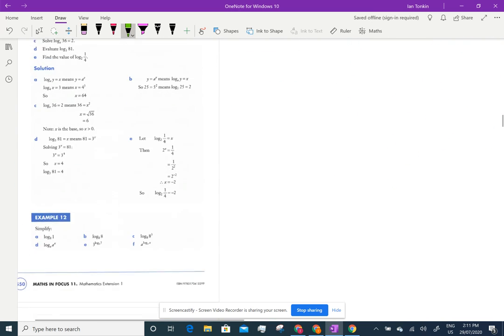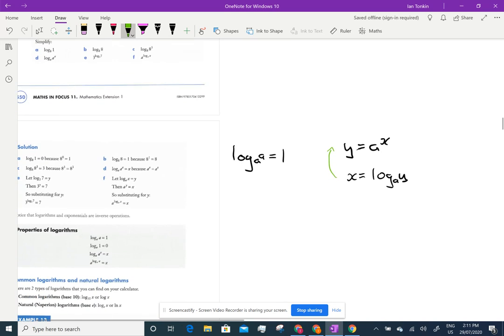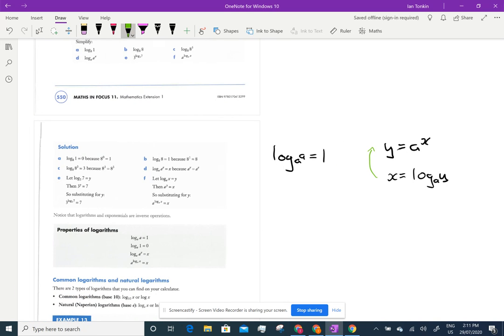But there are some other laws too. So the first one here, as you can see, I've drawn y equals a to the x and x equals log to the base a of y. And we take this one here, which is log a of a equals 1. Well, why is that true? Why is the log of any number, when its base and the number are the same, equal to 1? Let's take x equals log a of a. Now you can see here we're going to work backwards.